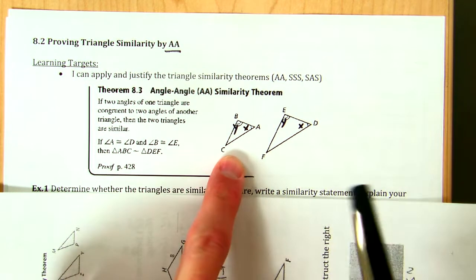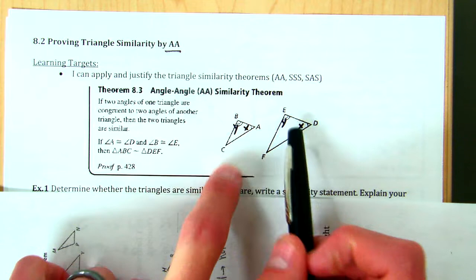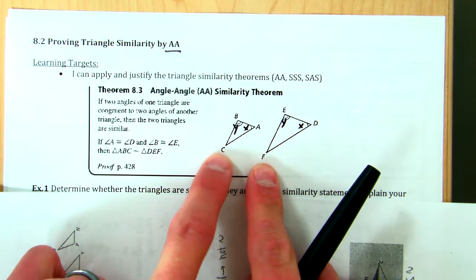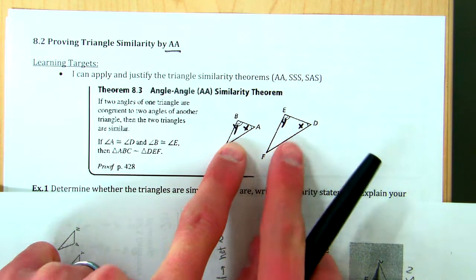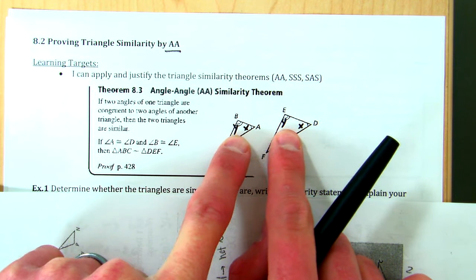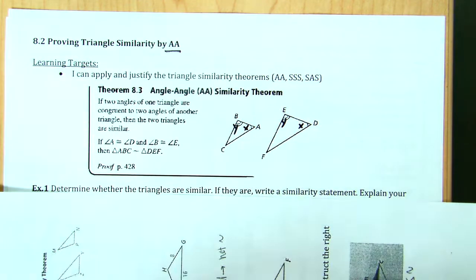Just really informally, if angle A and angle D are congruent, B and E are congruent, we don't know anything about C and F yet, but we know that C and F have to be the same. Why? Well, if I label this with an X, this I can label with an X because they're the same. Same thing here with the Y. Both of these triangles have to add up to 180.